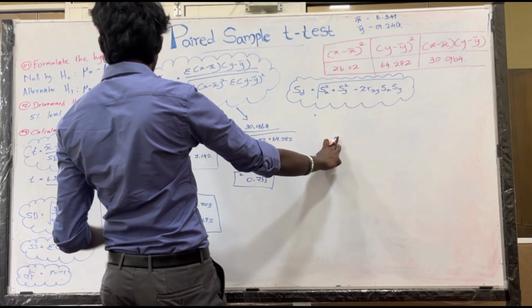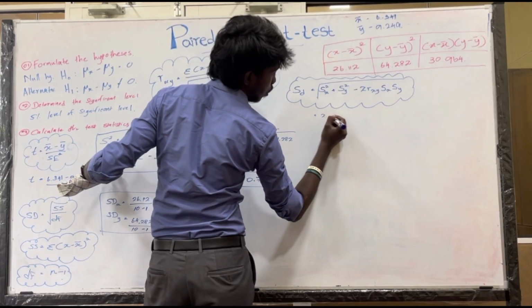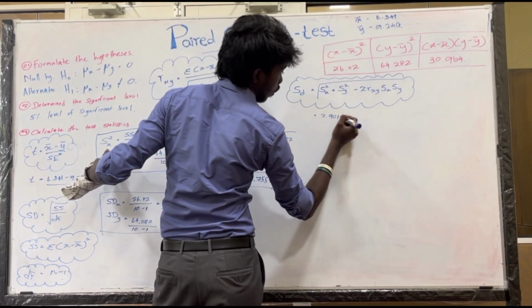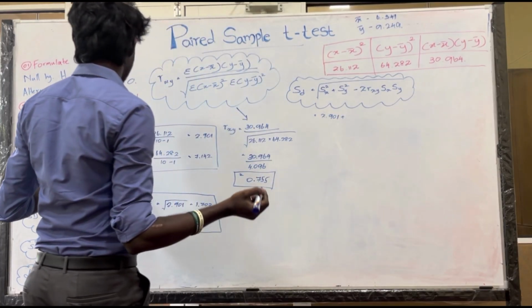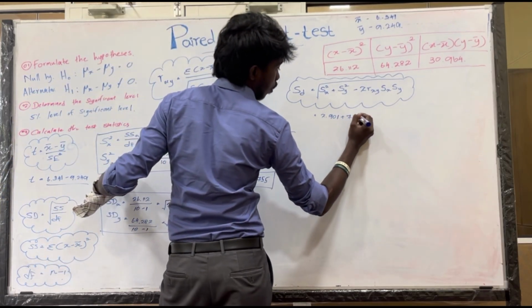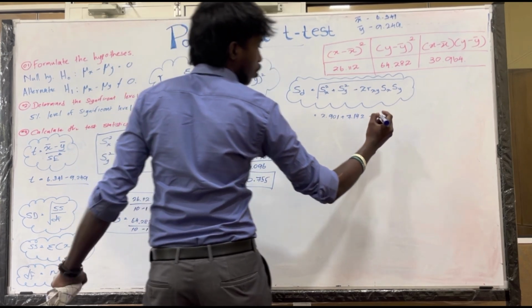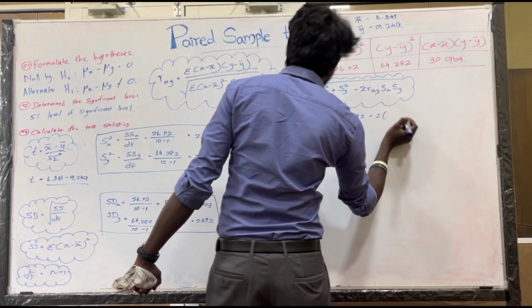First we need the variance of x, which is 2.901, plus the variance of y, 7.142, minus 2 times the r value.